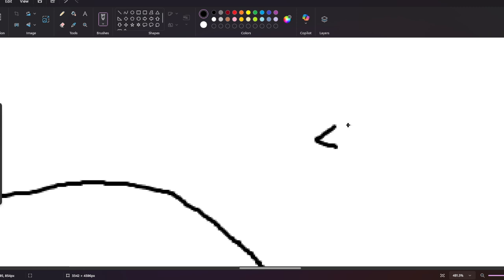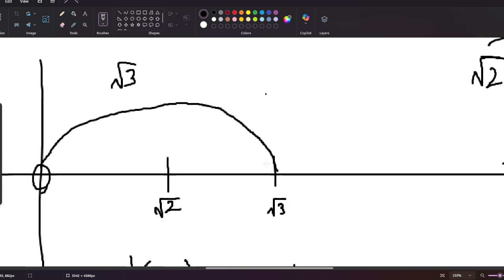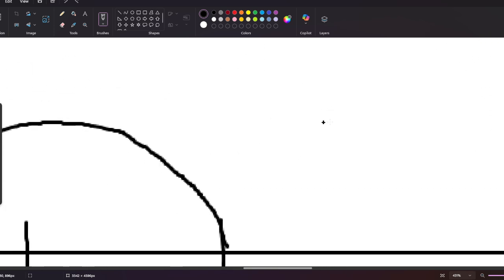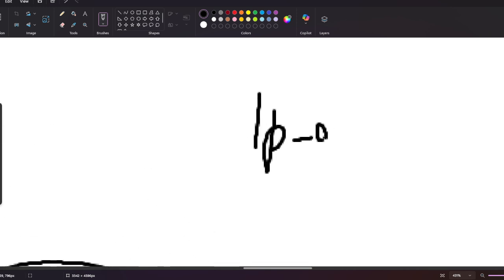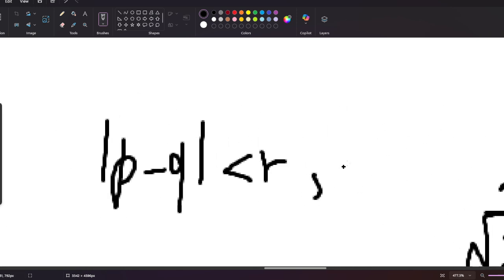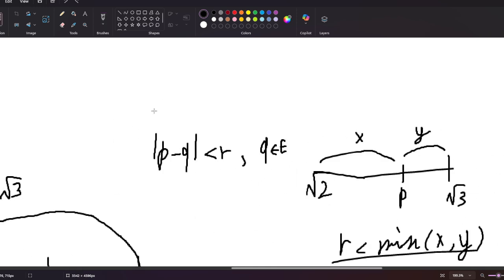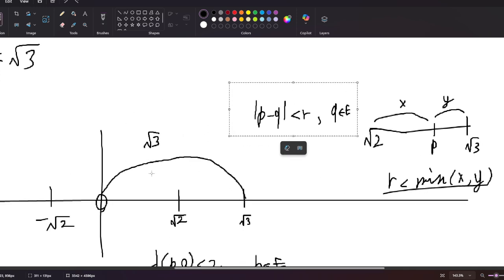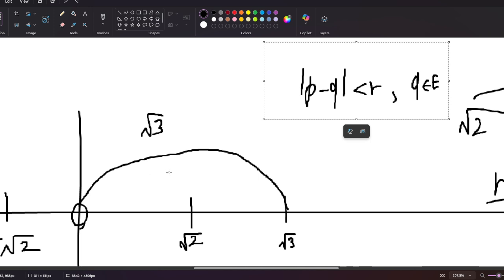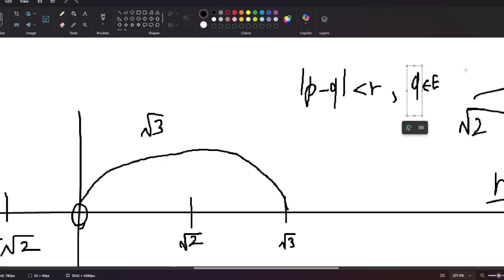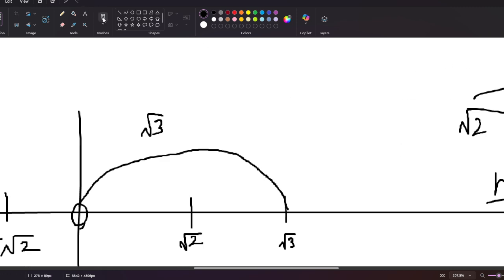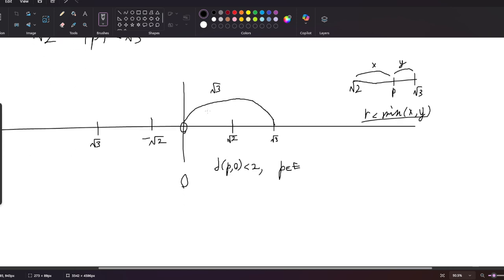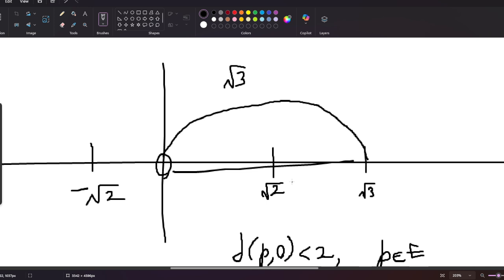If we were to pick any radius, then the absolute value of P minus Q is going to be less than R, as long as Q belongs to E, and as I have said, P is a limit point. Then there's always going to be a Q like that. So what we're going to do is just observe visually again.